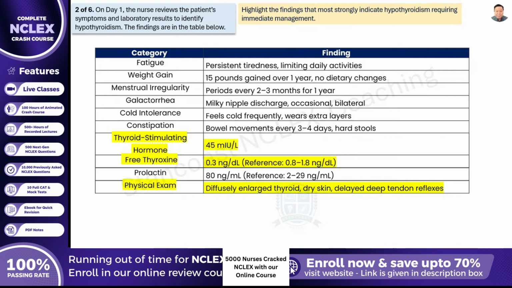It's actually impairing skin turnover. And the delayed deep tendon reflex is very slow, and the relaxation phase is much more extended. This is a reliable neurological finding in hypothyroidism. It's not subtle. This is something that is obviously assessed.